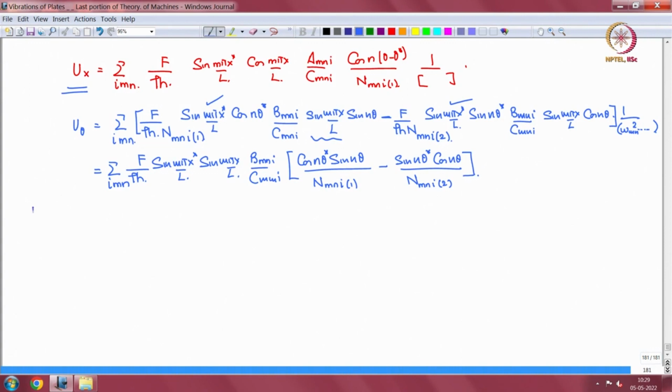Again here, when n equal to 0, both these terms are 0. Then from n equal to 1 onwards, n m n I 1 and n m n I 2 are equal. Okay. So we can say sigma I m n f by rho h. I'm sorry, forgot the frequency term here.